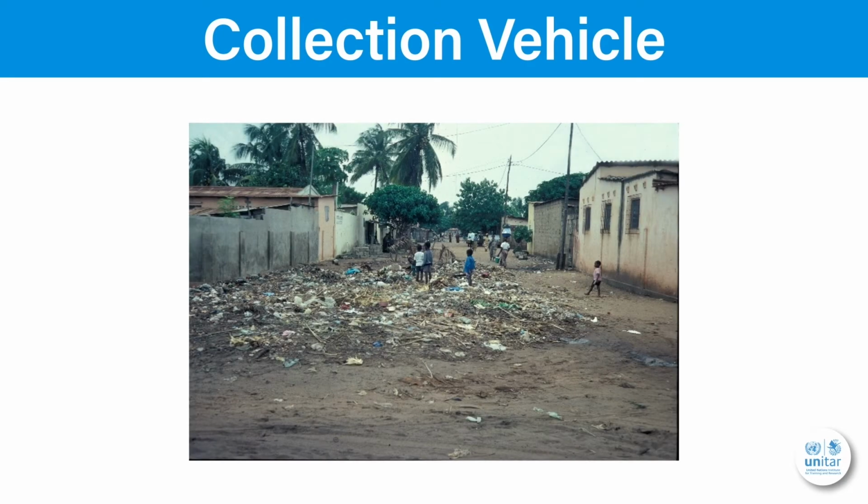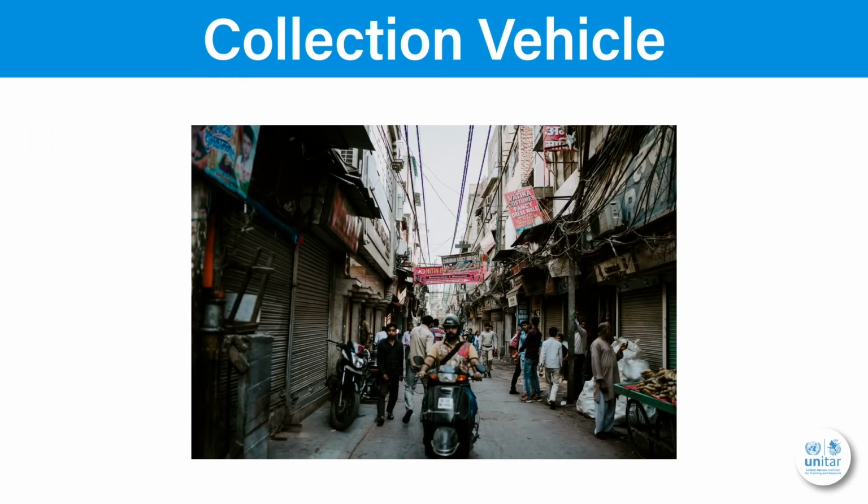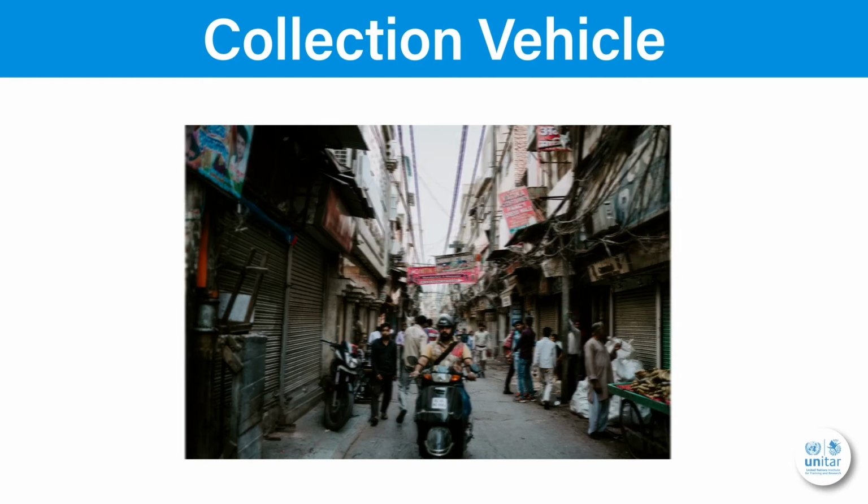Here is an example of neighborhood road conditions in a city of Togo. Although the streets are wide, they are nevertheless difficult to access because of the unsealed surface, and various potholes and rubble. In this example from India, the width of the road is the limiting factor influencing the kind of vehicles that can access this area.